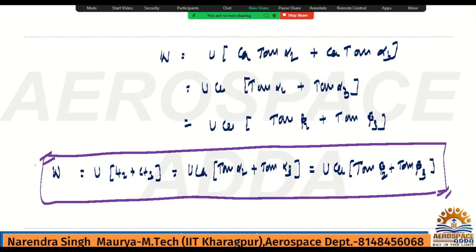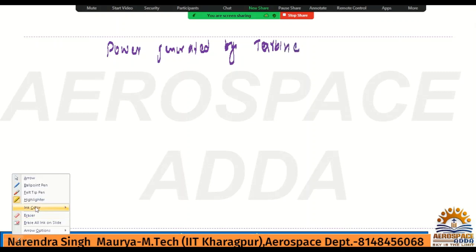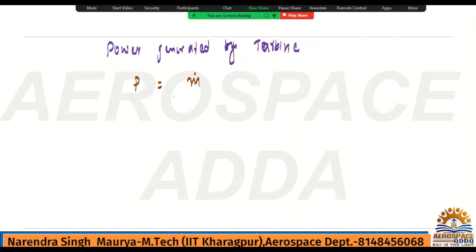If you say what is the power produced by the turbine, so obviously, what will be the power generation or power produced? Power will be the mass flow rate into specific work.